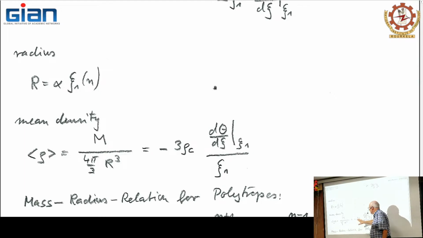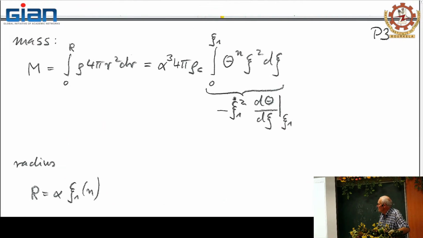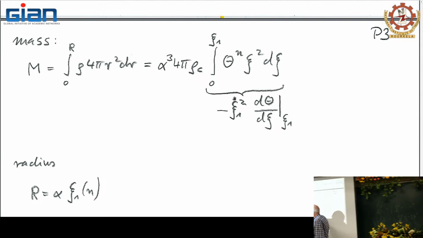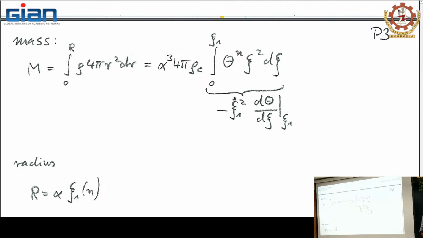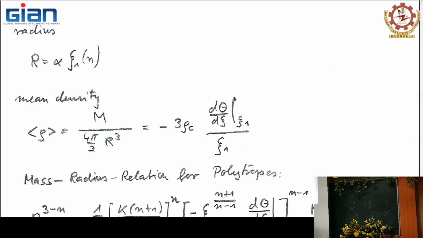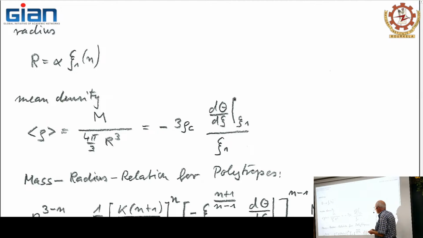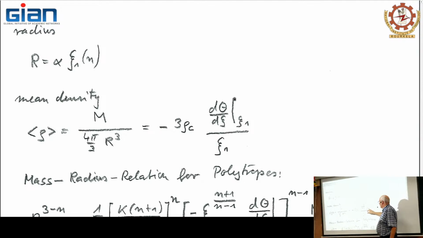What is left here, if you express the mass in the way given above, and also express the radius in terms of alpha and the central density, is a relation between the mean density and the central density only, and some quantities: the derivative of the solution at the first zero divided by the first zero, and the central density.